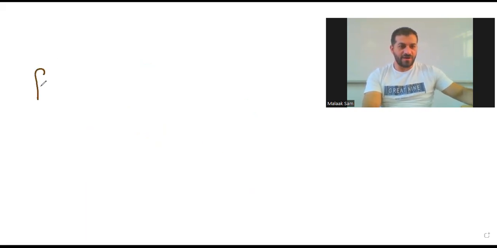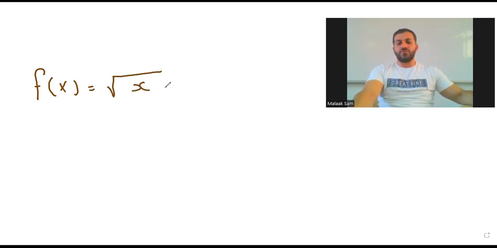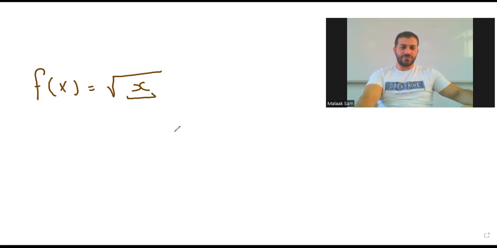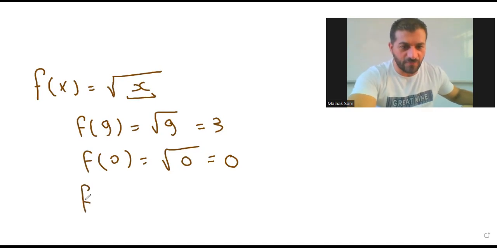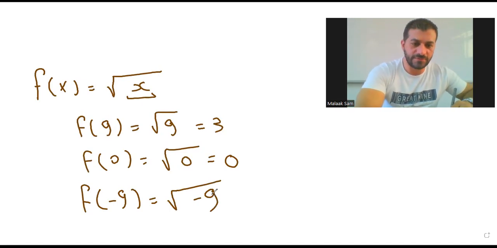If I have a function like f of x equals square root of x, what are the possible values of x we can get? We can get any value for x except negative values. So we can find f of 9 equals the square root of 9, which is 3. We can find f of 0 equals the square root of 0, which is 0. But we couldn't find f of negative 9, because there is no square root for a negative number.